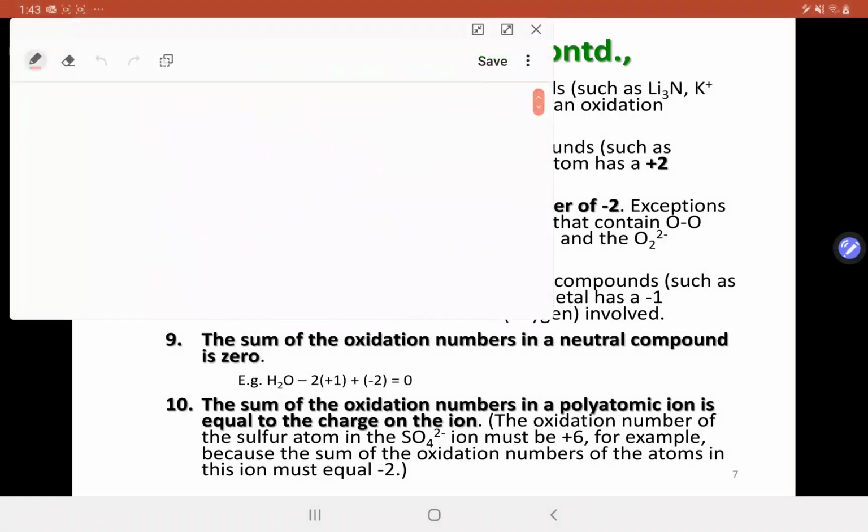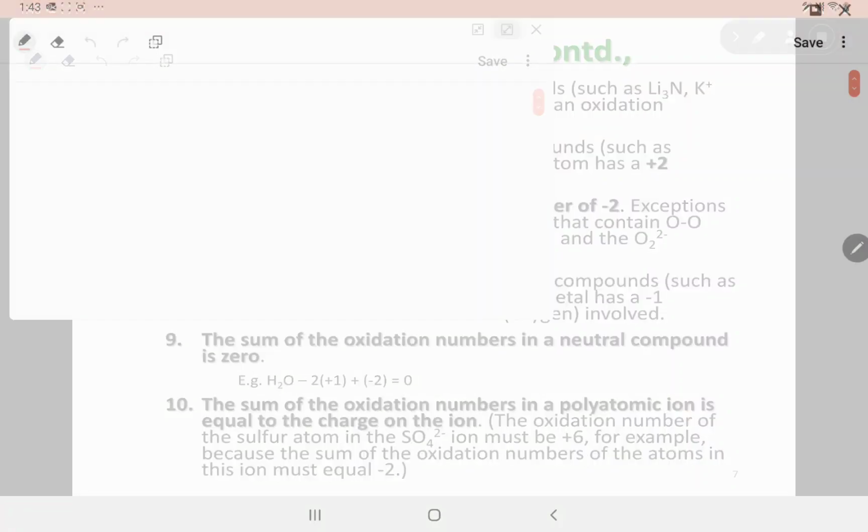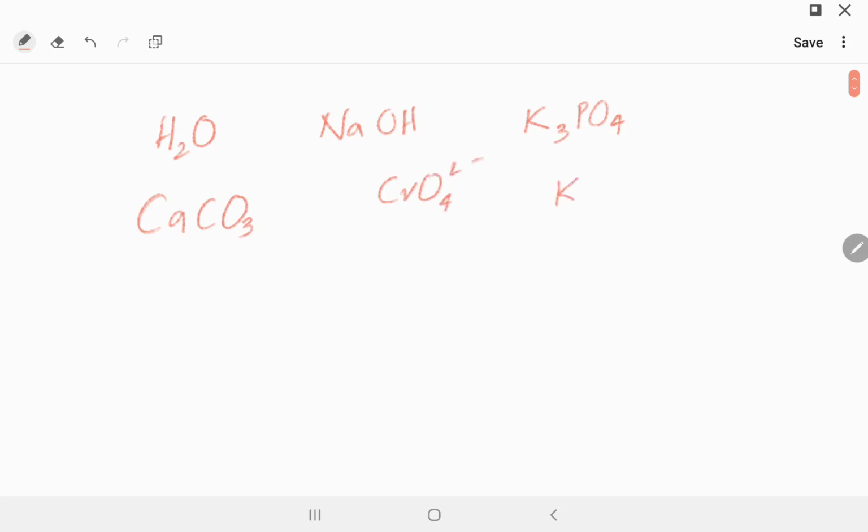So if you take most of the chemical compounds that contain oxygen, things like water, things like, let's say, sodium hydroxide, potassium phosphate, or calcium carbonate, or let's say chromate, potassium permanganate.